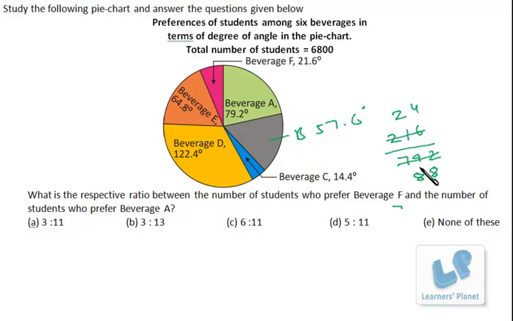So 24 by 88, that means the denominator should be a multiple of 11. So 11 8s are 88, and I mean this is really simple, 8 3s are 24 and 8 11s are 88. So 3 by 11 is the correct choice. No need to worry, right?